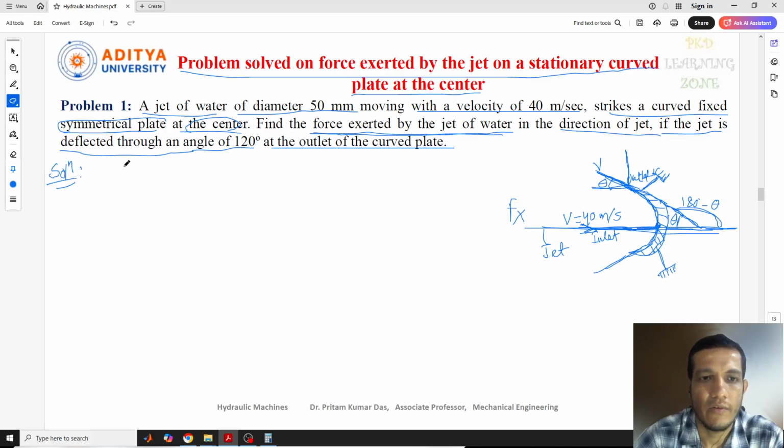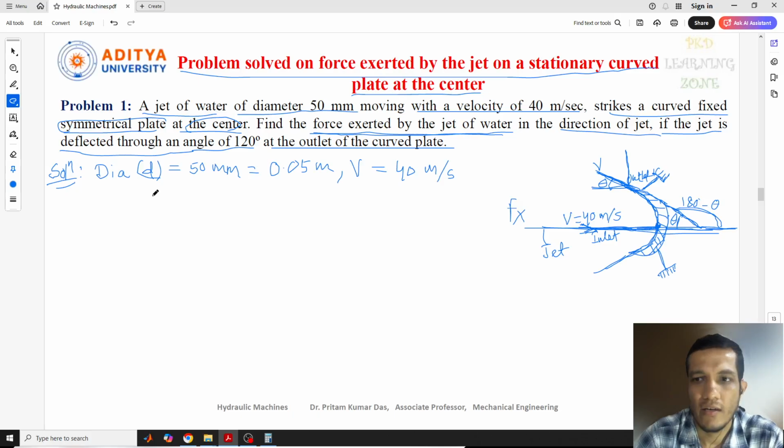First of all, we can see the data given here. Diameter of the jet is given, d equal to 50 millimeter, which we can convert into 0.05 meter. Similarly, the velocity of this fluid is given as 40 meter per second.